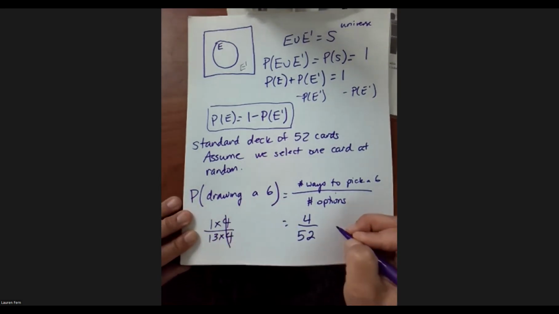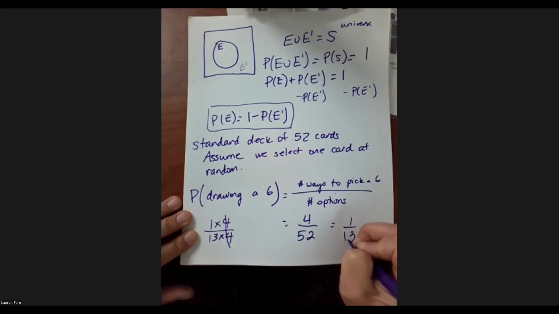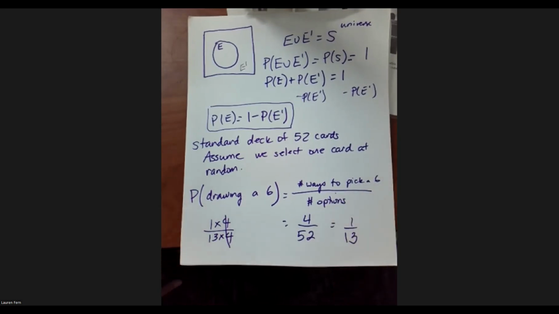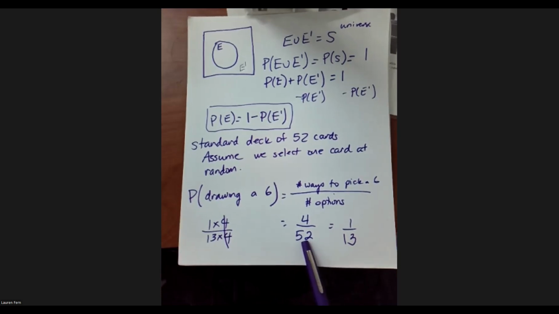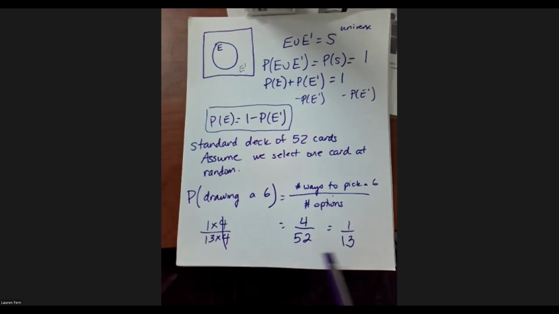You're multiplying, you can cancel those 4s, and so you get 1/13. This would be totally cool for me on a test or the activity, anything you hand in to me. But on your online homework, you're going to want to simplify. Any questions thus far?